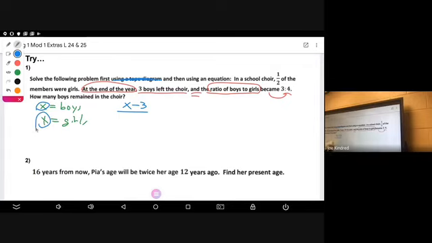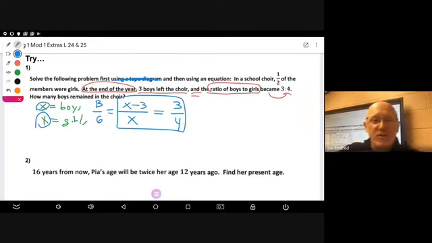And then this X, the girls, well, the ratio of boys to girls at the end of the year ended up being 3 to 4. And so this proportion, top being the boys, bottom being the girls, is really a matter of just cross multiplying and solving for x.